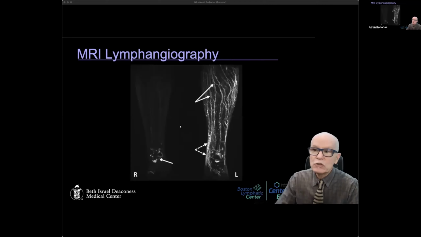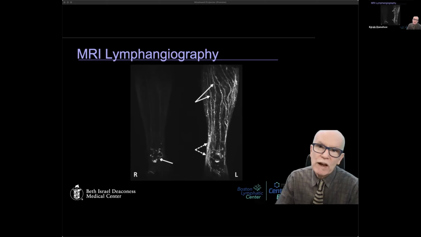You can also do MRI lymphangiography, and you get these gorgeous pictures of the lymphatic channels in the extremity, and you might say, well, why don't you just do that instead of the ICG or instead of lymphoscintigraphy? Well, it's not physiologic, so we can see these channels, but we don't know quite how much flow is going through them. And technically, this is very, very difficult to do.